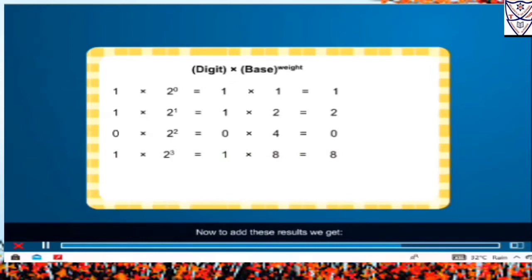Now, to add these results, we get 1 plus 2 plus 0 plus 8 is equal to 11.